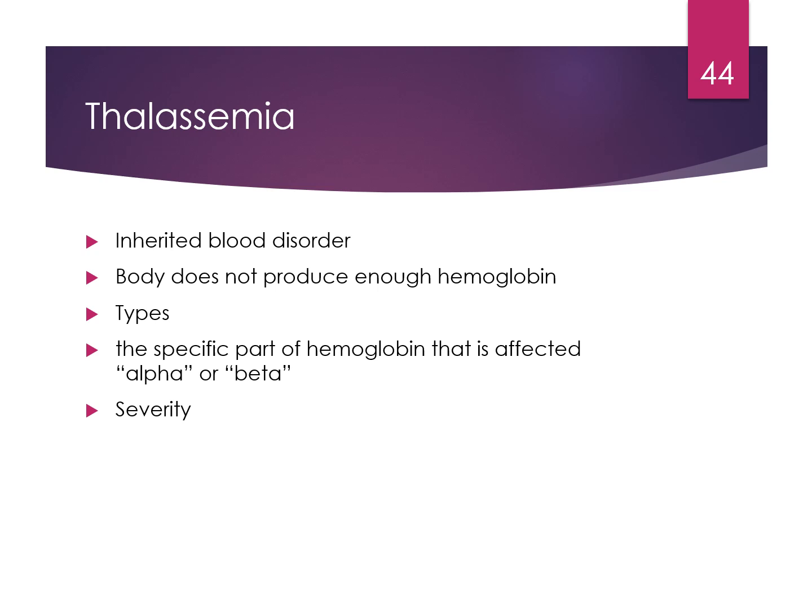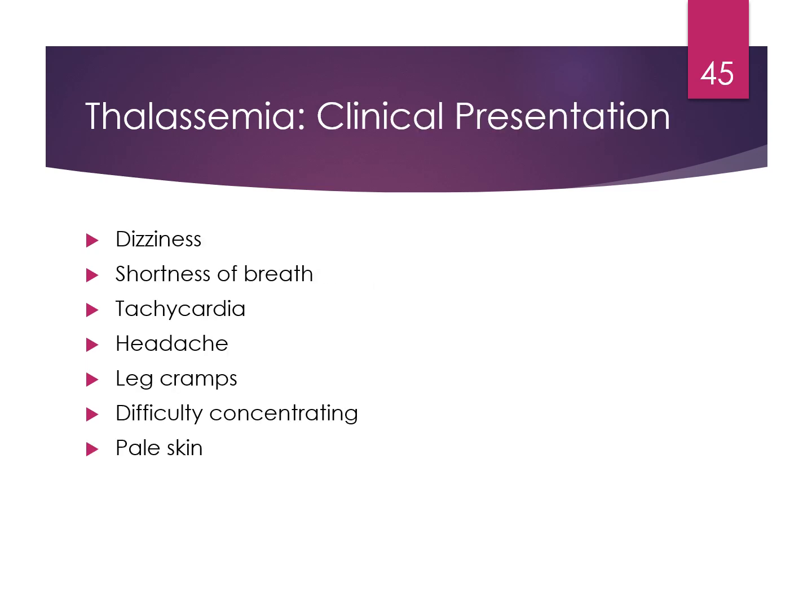Now, there is also anemia called thalassemia. Thalassemia is an inherited blood disorder. This is when the body does not produce enough hemoglobin. There are specific types of thalassemia, and it's called alpha and beta. And the type is dependent on the severity of thalassemia.